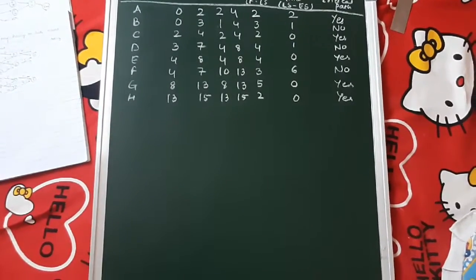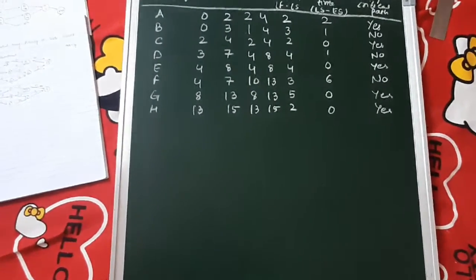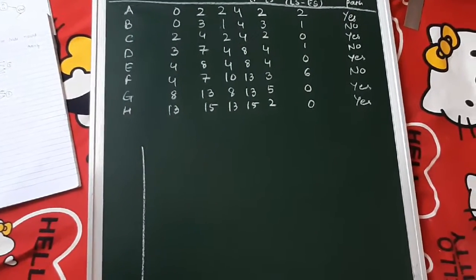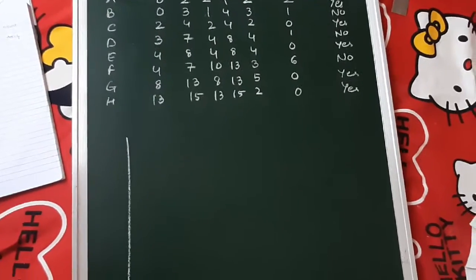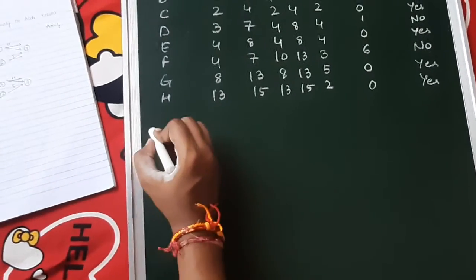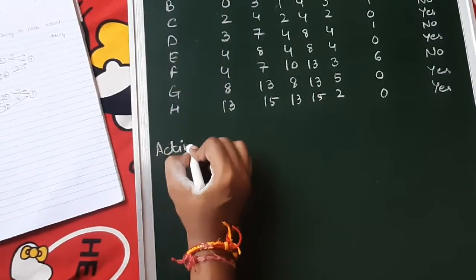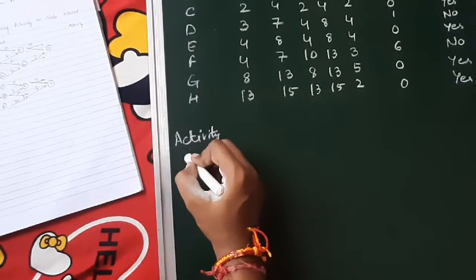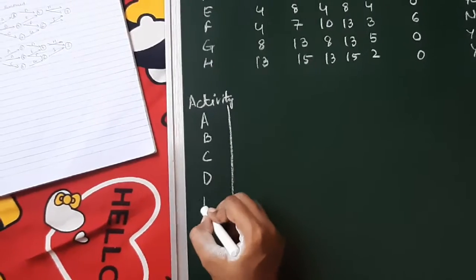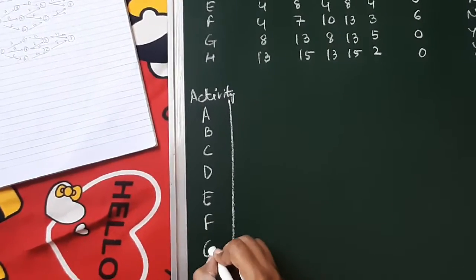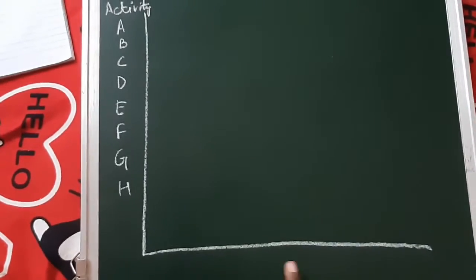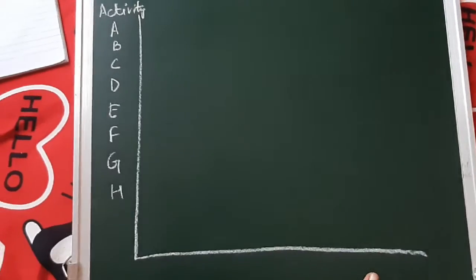Now we are going to draw the chart. Here we have to draw a line like we draw for our graphs. Here we have to write down the activities. So that's our A, B, C, D, E, F, G, H, and here we have to write down the time taken.